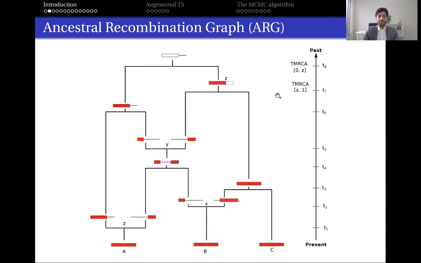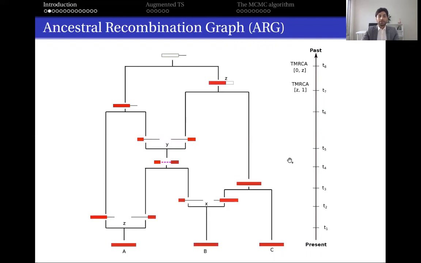As we see from this graph, the ARG includes a lot of information about the history of these 3 sequences. We have the ancestral sequences, their ancestral material, the times of the events, the recombination events, the recombination breakpoints, and so on.